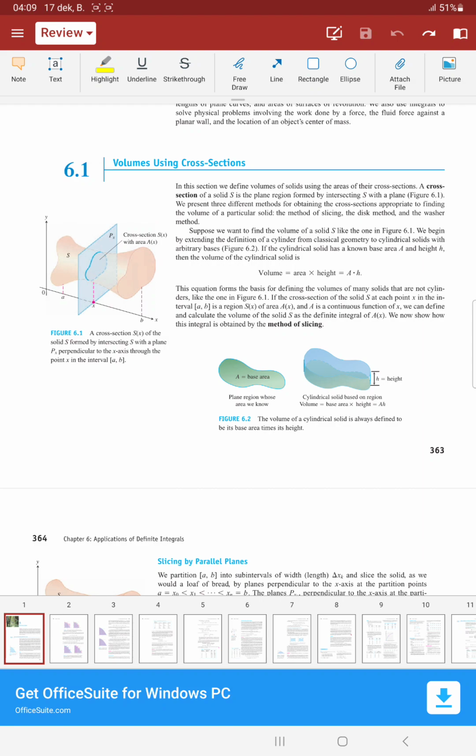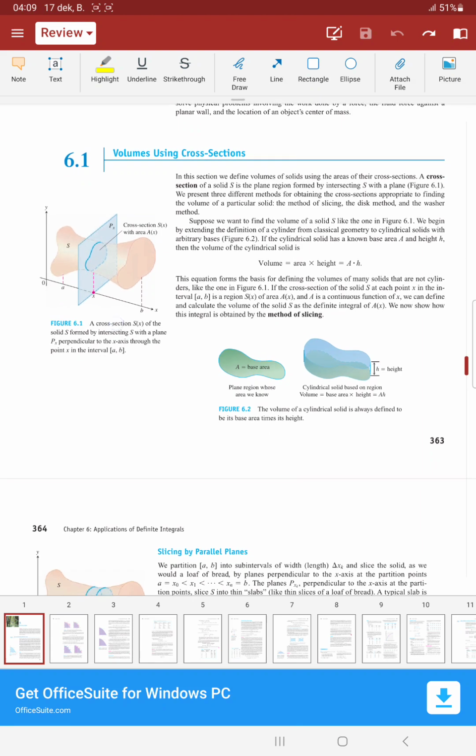What that means is, if we have, let's say, a solid, and we are asked to find the volume of that solid, we will cut that solid with a rectangle, with paper, and when we cut that solid with paper, that cross section, of course, can be a triangle, it can be a rectangle, also it can be, I don't know, a circle maybe sometimes.